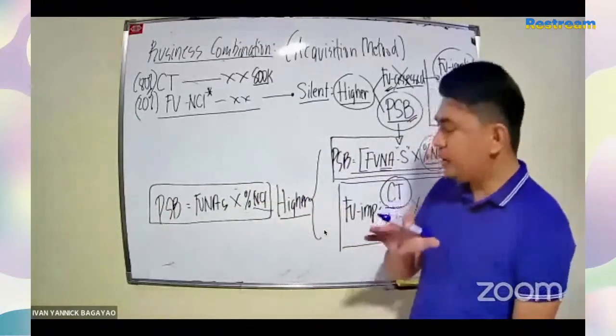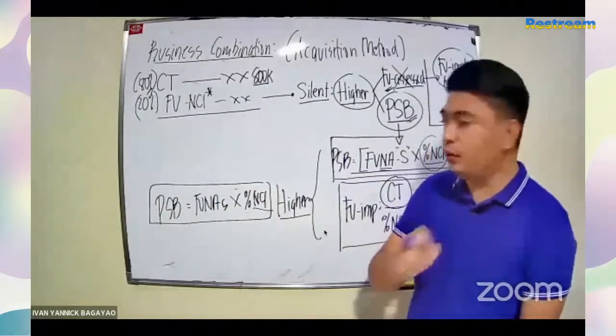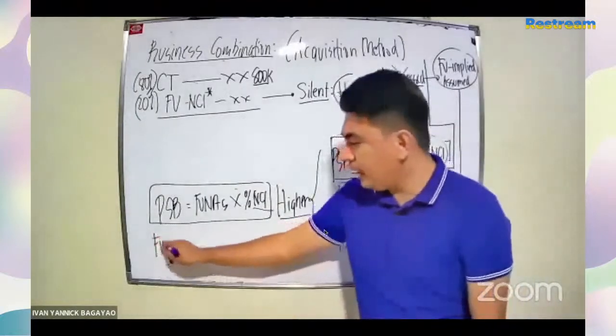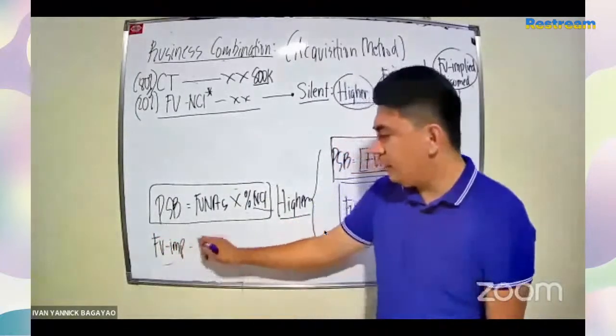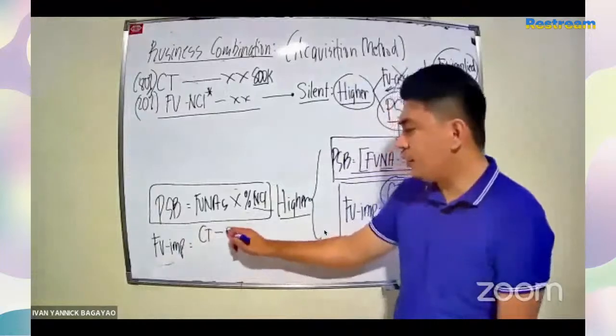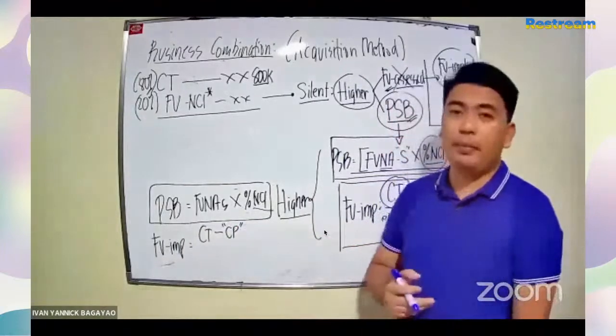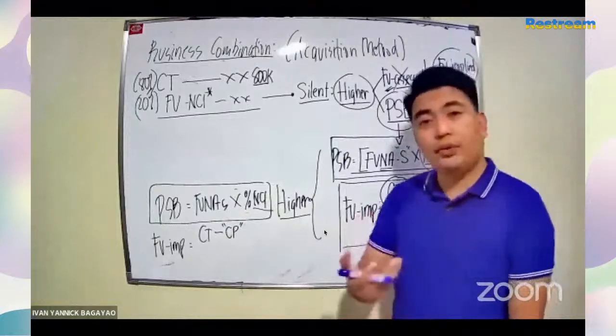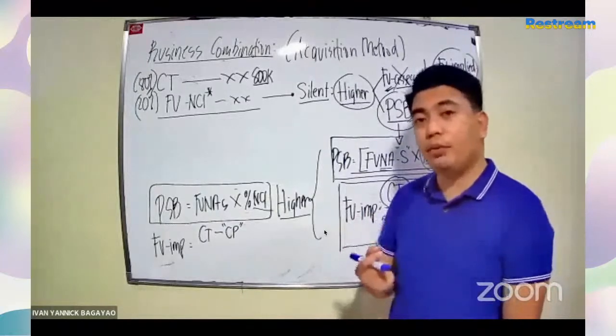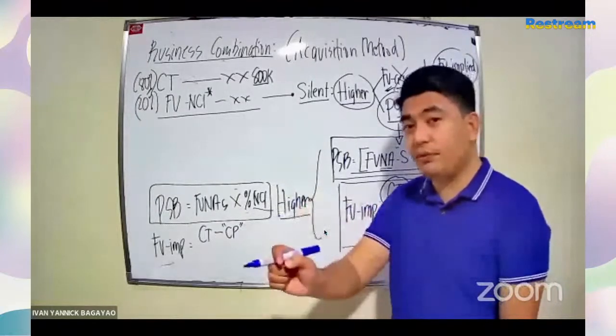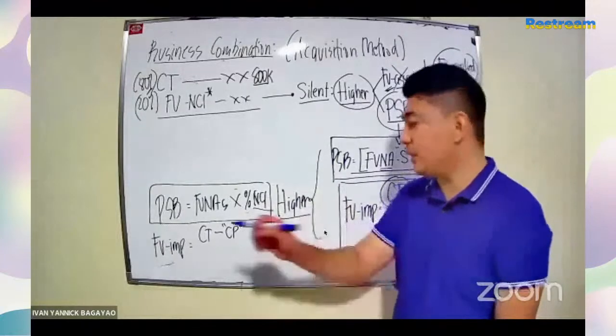Pero kapag may consideration transferred with control premium, sa pag-compute naman ng FV implied, we have here CT minus control premium. Mag-ingat class, kasi may mga problem na nagbigay nga ng information na may control premium na ibabayad, pero exclusive naman yung consideration transferred of the said control premium.